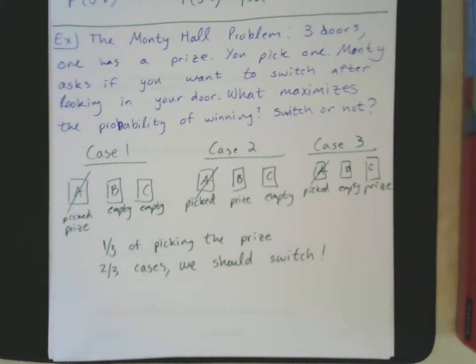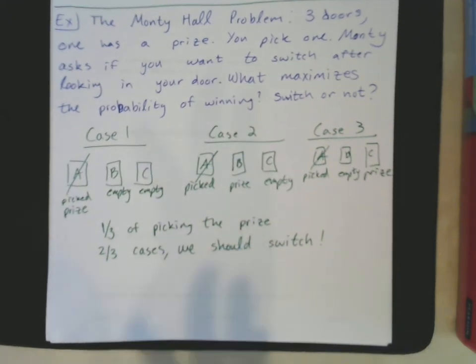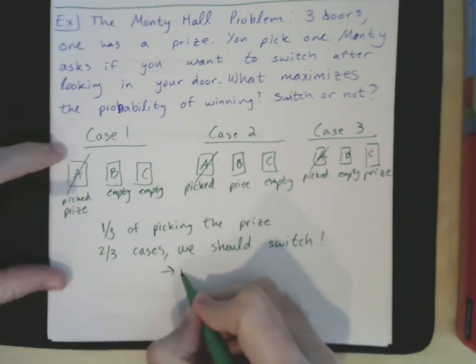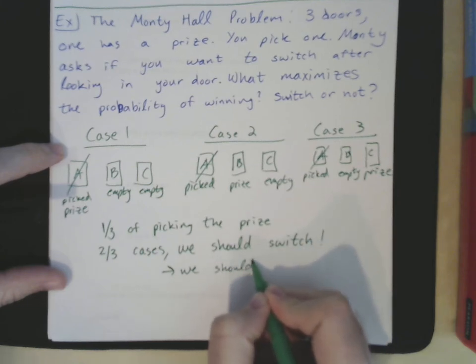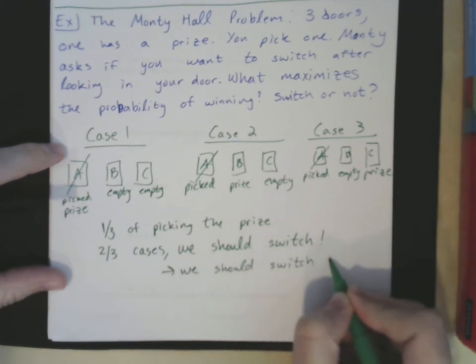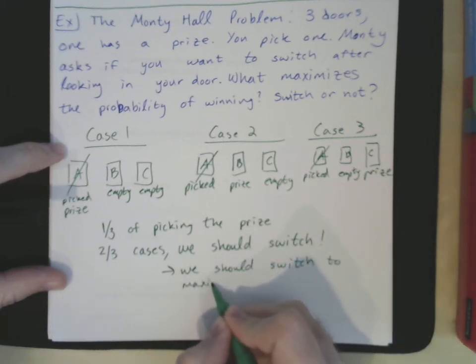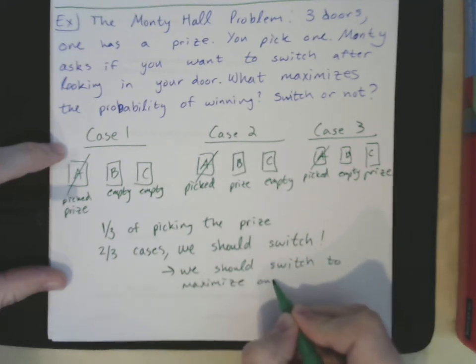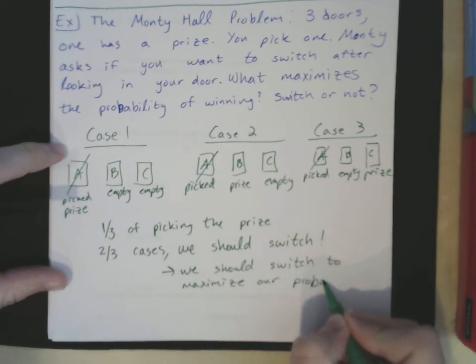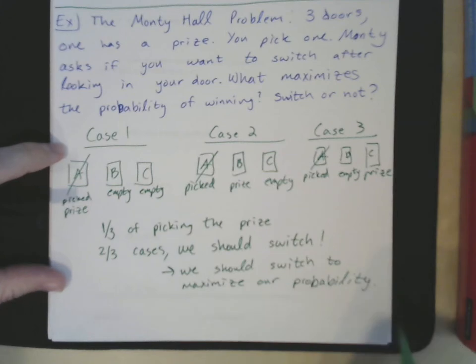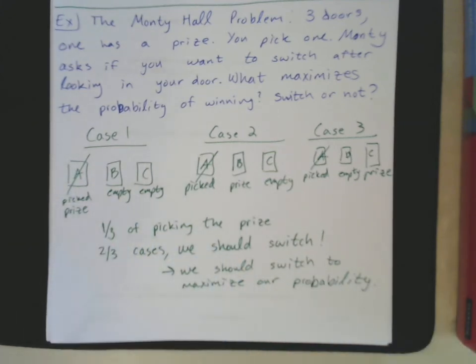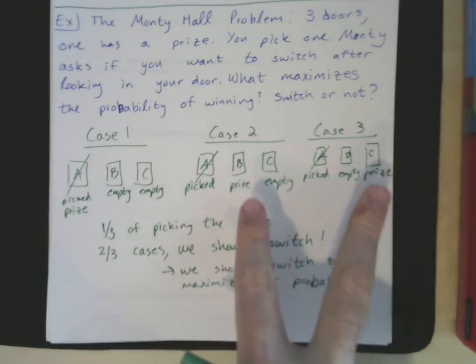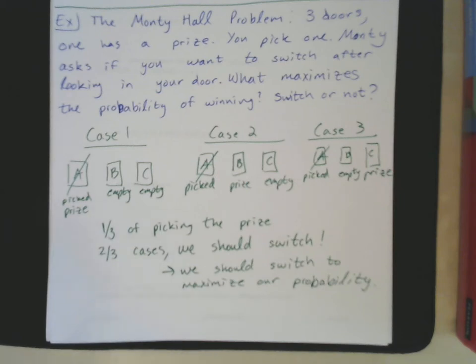That means to maximize our probability of winning, 66% of the time, 66.6 repeating, we should switch. Because if we don't switch, we're still sticking with our 1 out of 3 chance. But if we switch, 2 out of 3 of those times, we're going to have switched correctly because we already did not pick the prize.